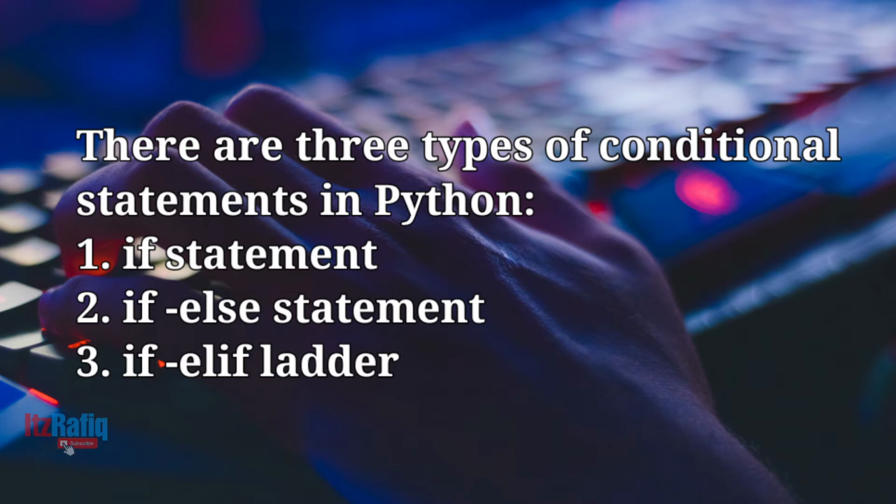Now, first the if statement. The if statement checks the condition given after if; if it is true, then the statement following the condition is executed. If the condition is false, then the flow control is transferred to the next unindented statement.